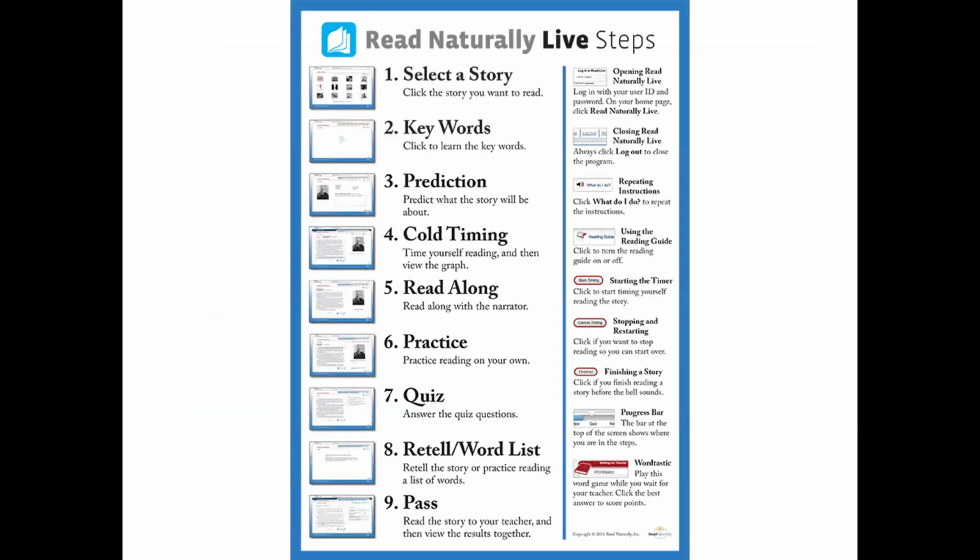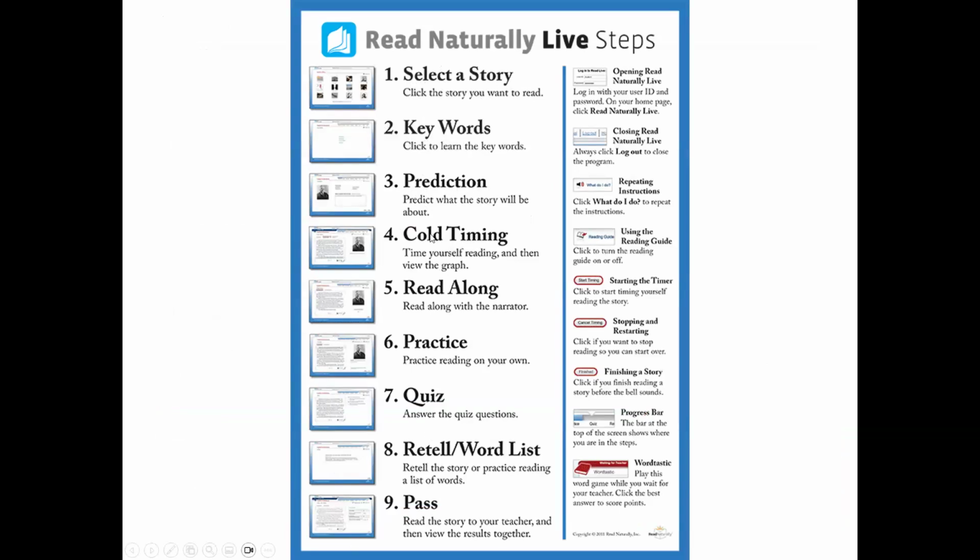You'll see that there's a steps poster in your handout. And so we have all the steps that go through and teach the student about vocabulary, fluency, and comprehension. Students get to choose their story, which is very unique and special because they like to choose. And then keywords is the vocabulary piece.